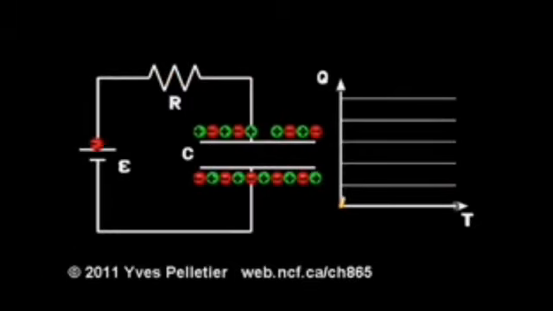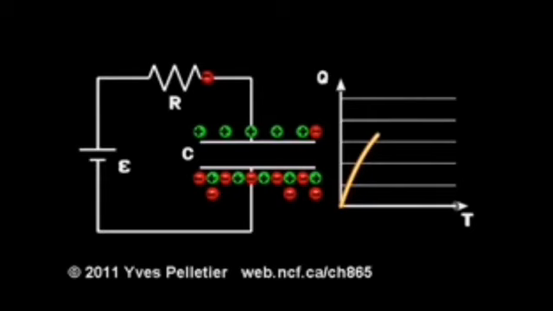You can notice that the positive terminal of the battery attracts electrons from the upper plate, and then the negative terminal of the battery repels them and accumulates them on the lower plate. So as time increases, the upper plate loses electrons while the lower plate gains electrons, and the upper plate therefore becomes positively charged while the lower plate becomes negatively charged.